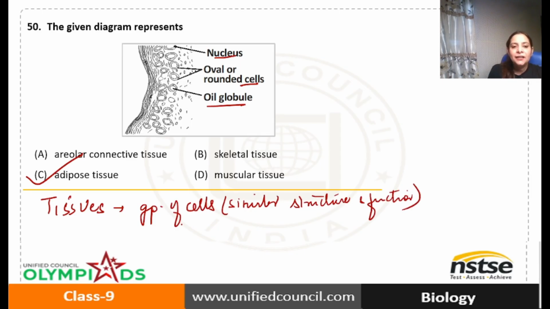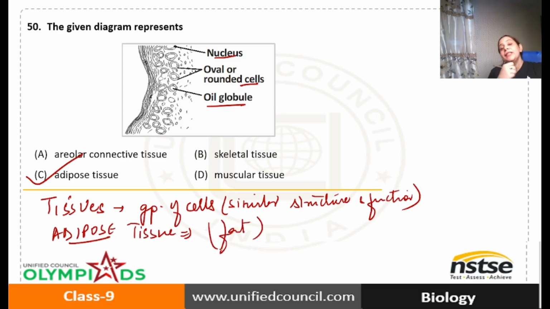So basically in tissues, we have different kinds of tissues, and in that we have one category which states adipose tissue, one kind of connective tissue. Adipose tissue is actually the fat which is present below your skin. It represents a fatty layer present below your skin or around your visceral organs, and it acts as a cushion and also as an insulator.